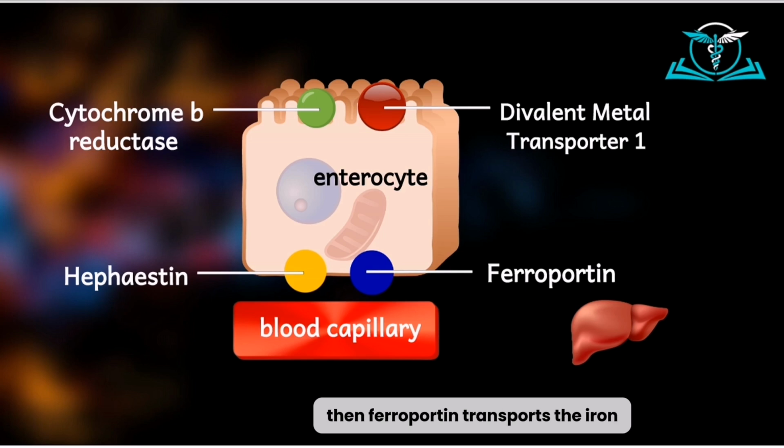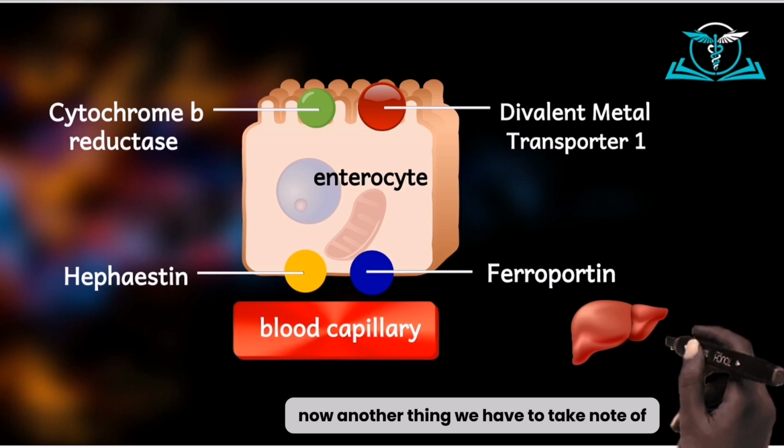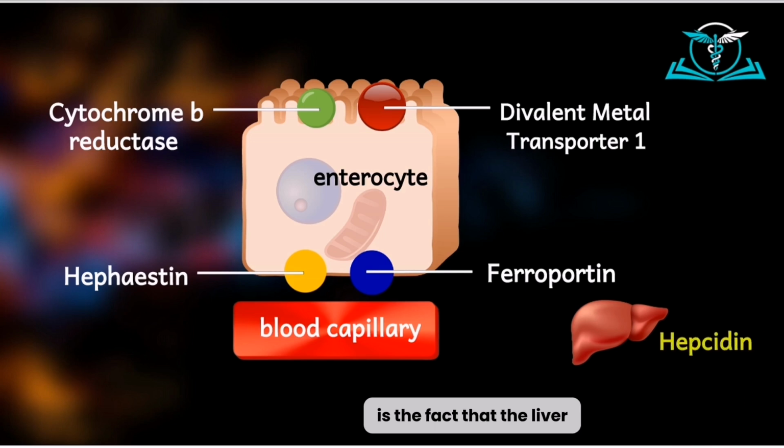Then ferroportin transports the iron 3+ out of the duodenal cell into blood. Now, another thing we have to take note of is the fact that the liver is also involved in the regulation of iron entry into the body.